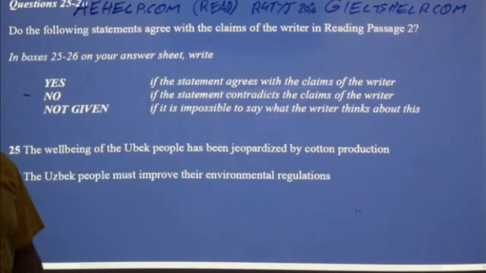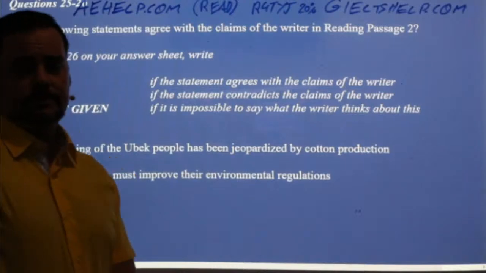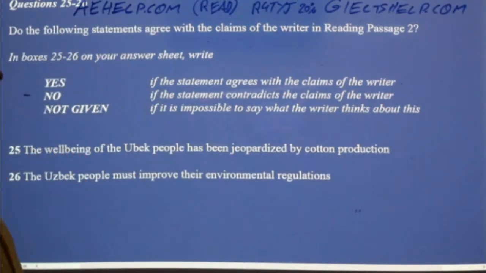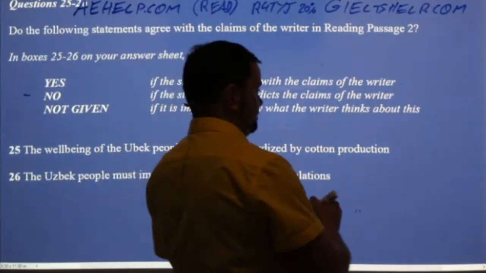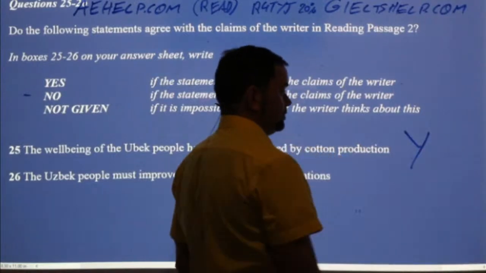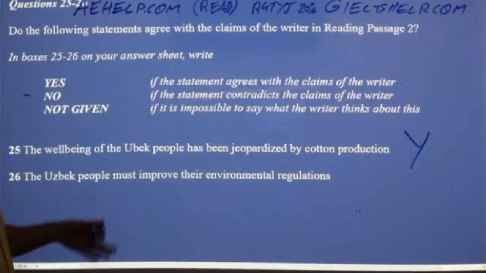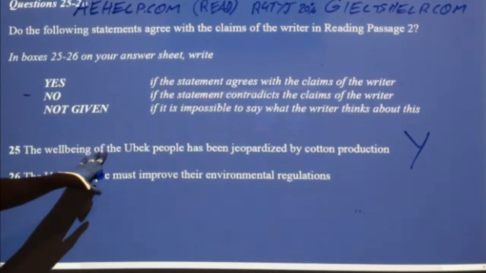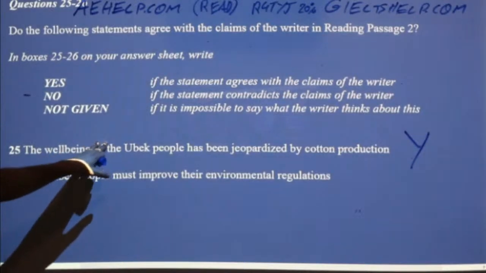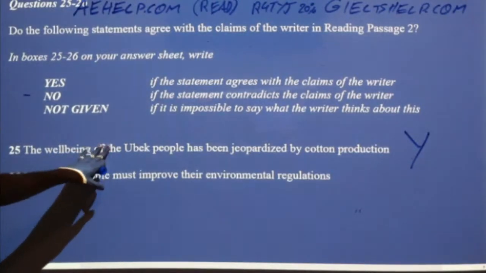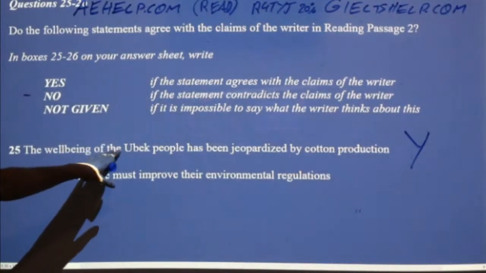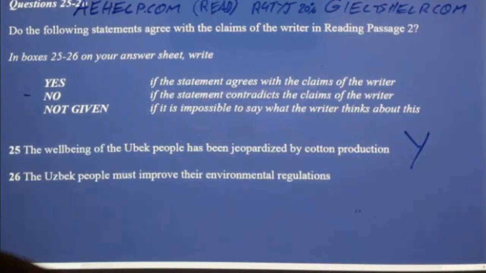Does the passage talk about that? Yes, it does, right? Paragraph F. So this is a yes. It's important for the passage, so it's given. Is it true according to the author? Yes, it is. So it's a yes, and we know that it's in paragraph F even, right?